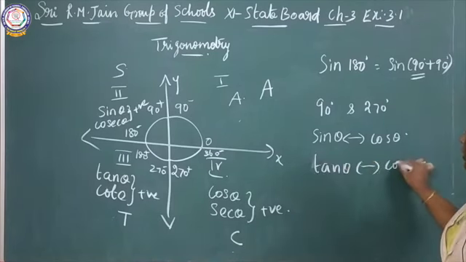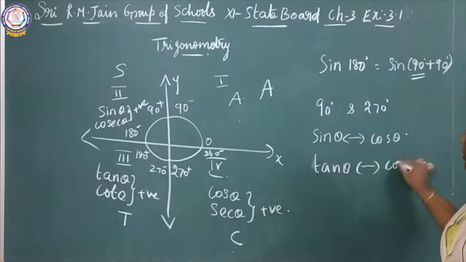Suppose I am giving an example: sin of 90 plus theta. What is the value of sin of 90 plus theta? First you check in which quadrant it lies. 90 plus theta lies in the second quadrant, where sin theta and cosecant theta are positive.